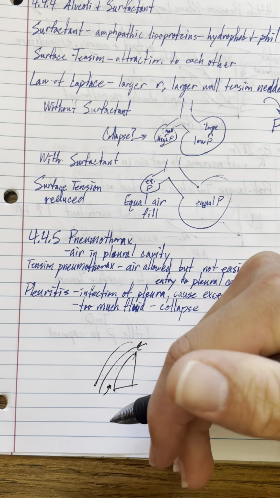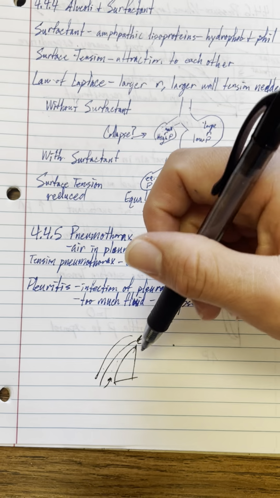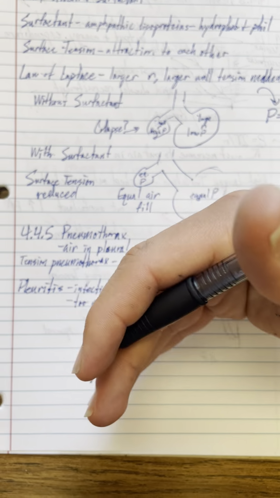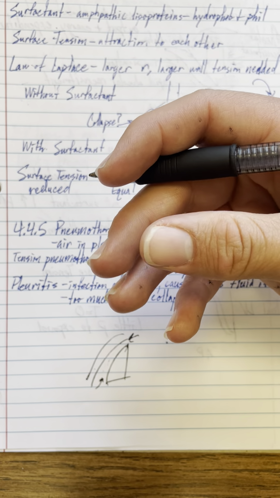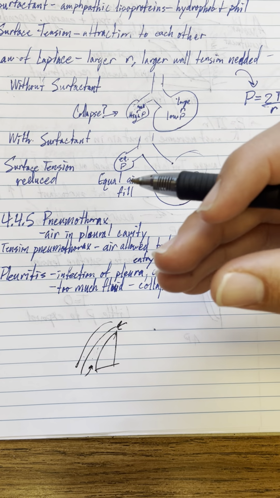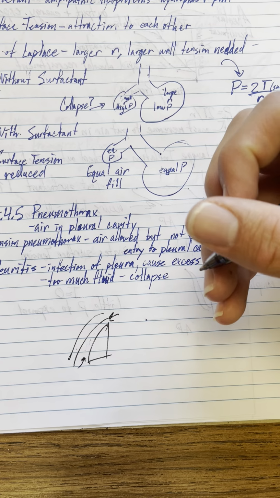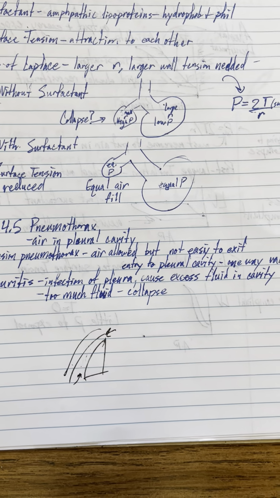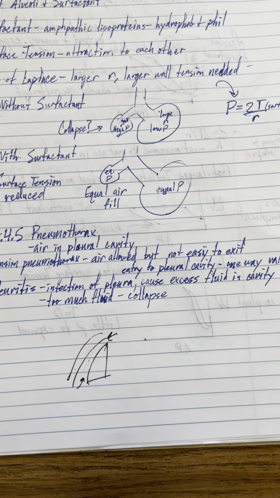If you separate the lungs and the cavity wall too much, then there's no suction or negative pressure allowing you to pull the lung out. So that's your pneumothorax.